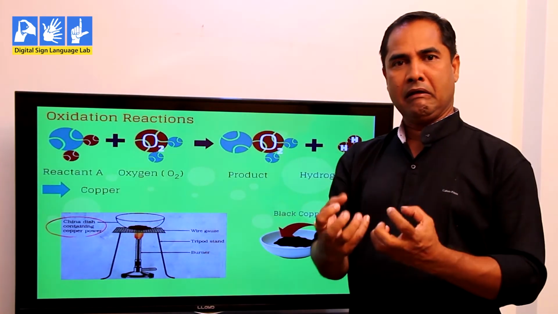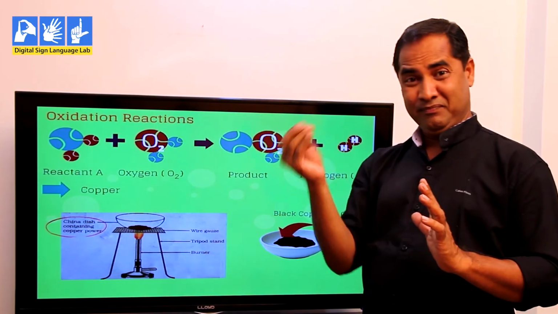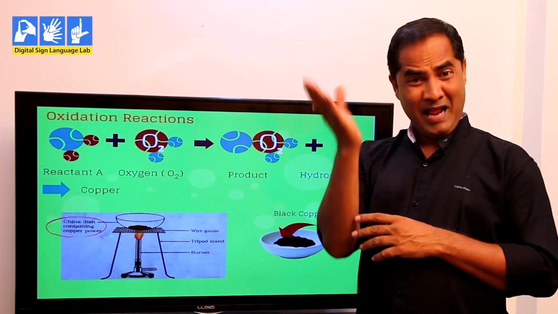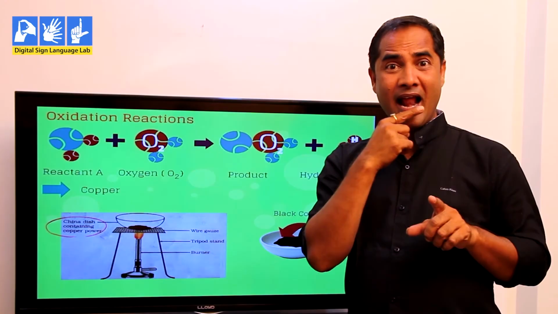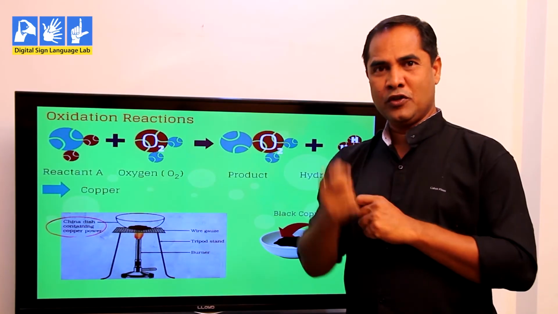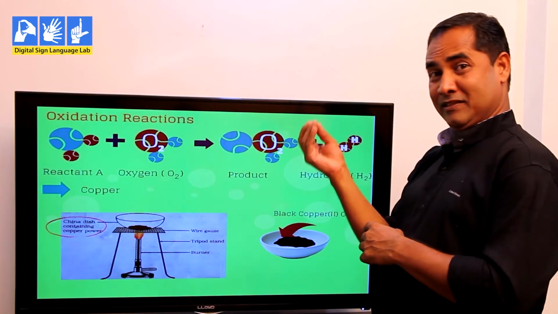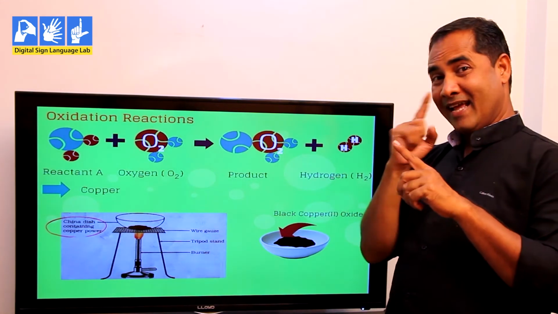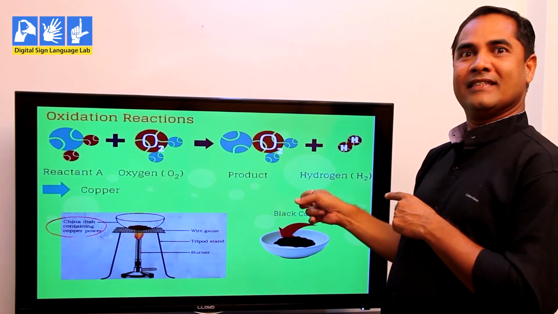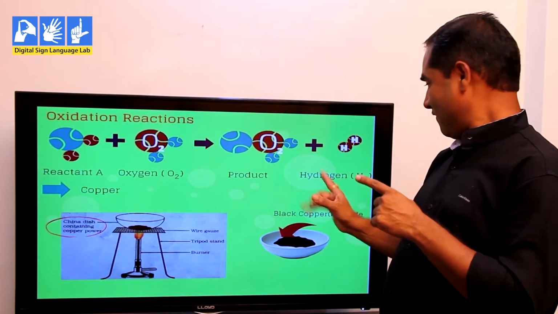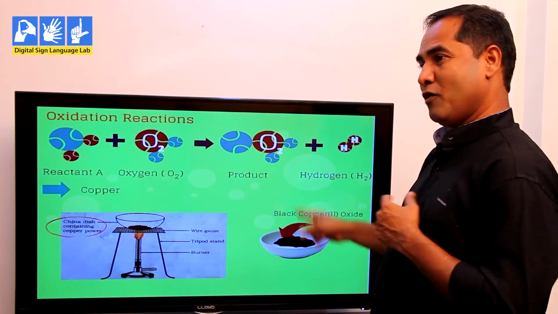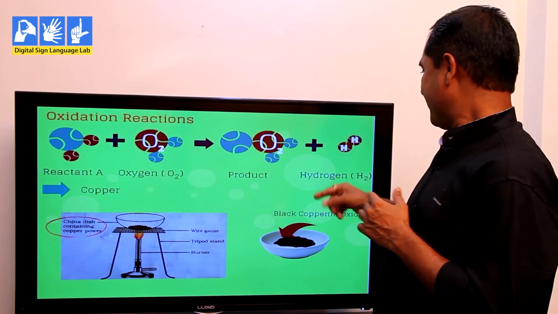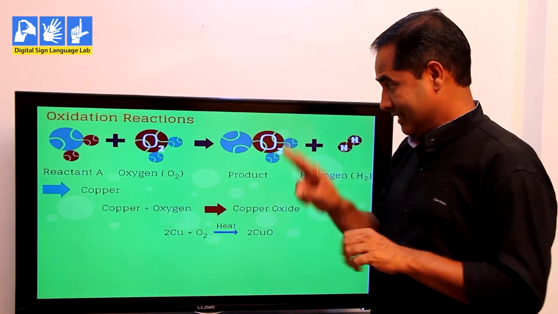the color of copper changes into black. Originally, the copper color is something orange and reddish. It changes into black because of the formation of copper oxide. So this is an example of oxidation reaction.